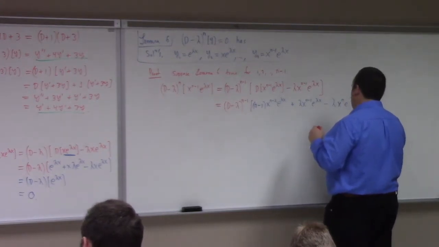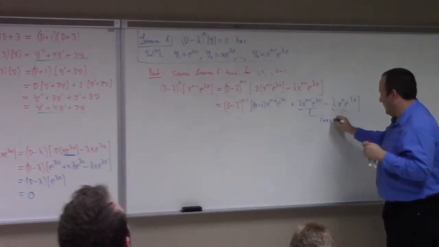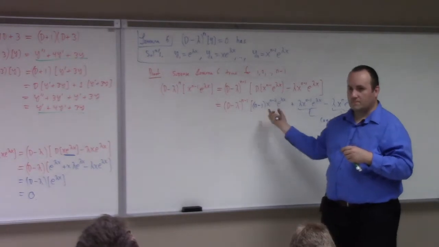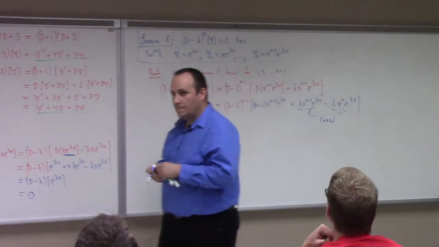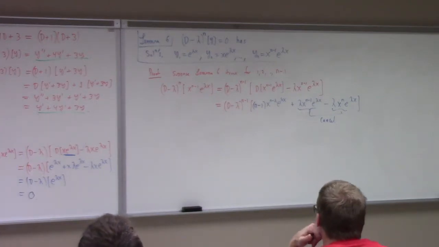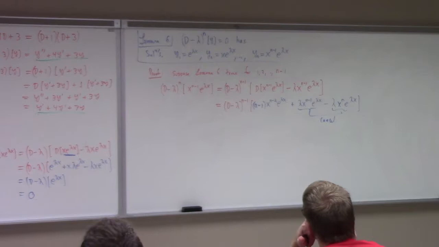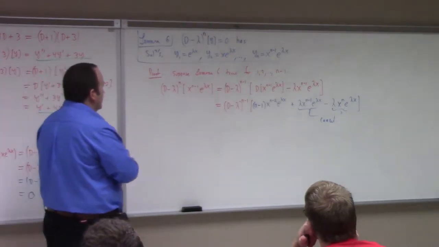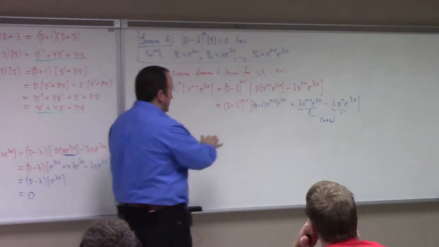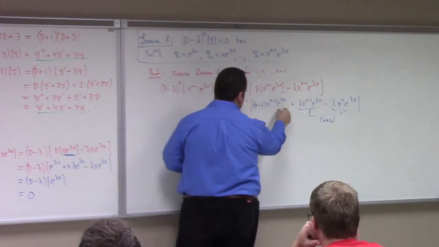This calculation should be kind of familiar. These cancel, right? And we're left with this piece, right? But by the induction hypothesis, that's 0. I'm assuming that lemma 6 is true for n minus 1. That would mean that if I have this acting on that, that's 0.